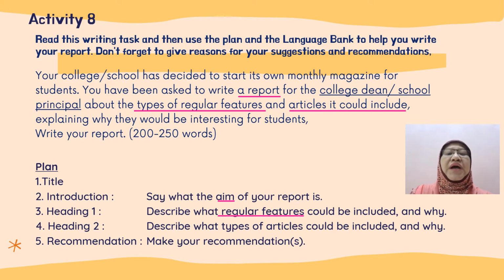And content 2 is to describe what types of articles could be included in the magazine and why. Finally, you make your recommendations. In this question, you can write either one recommendation or more.